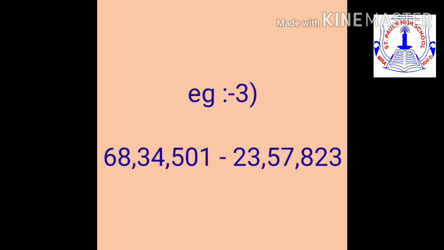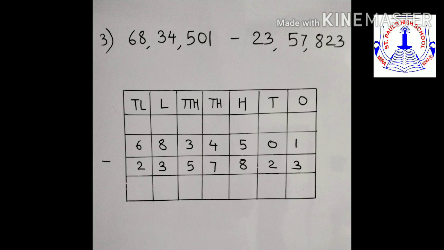Third example is 68,34,501 minus 23,57,823. So, students, draw the columns and write down the numbers according to their place value. Let's start from the ones column. 1 minus 3.